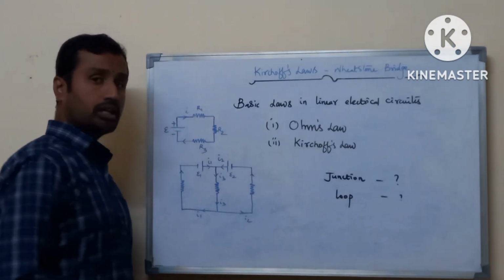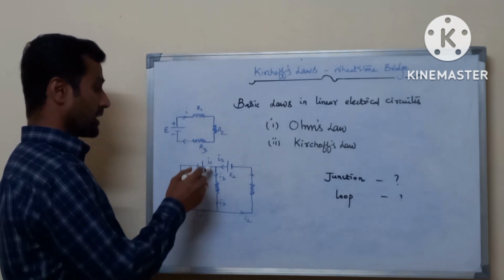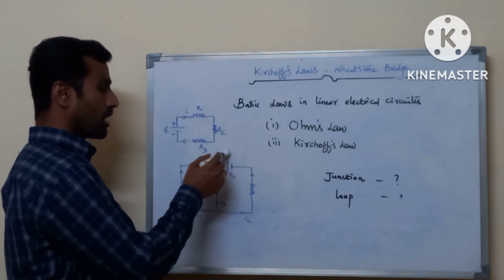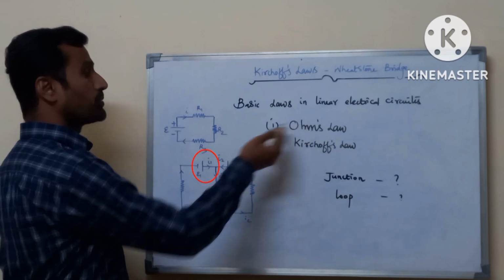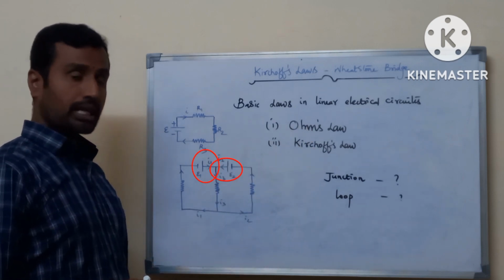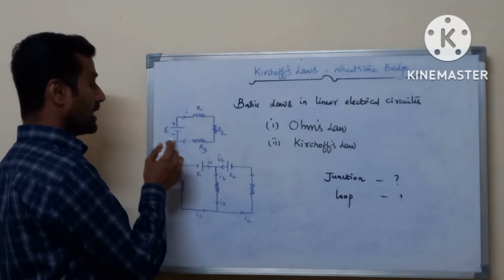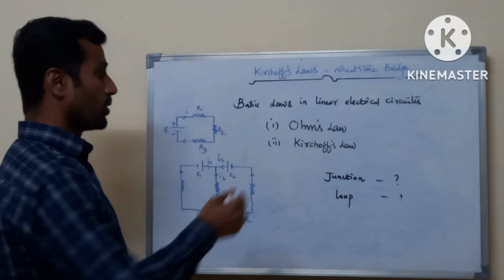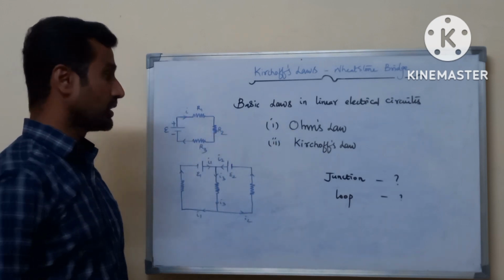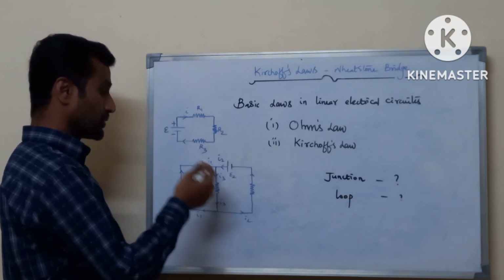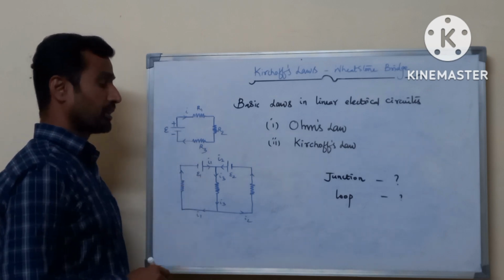Kirchhoff's law is used to calculate the current in a circuit which consists of two or more EMF sources, whereas Ohm's law is used to calculate the current in a circuit which consists of a single EMF source. That is, Ohm's law is used in simple circuits, whereas Kirchhoff law is used in complicated circuits.